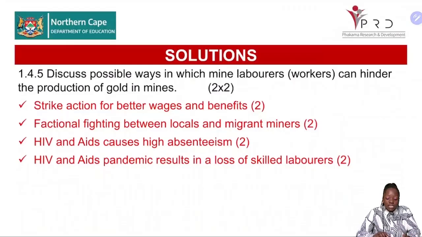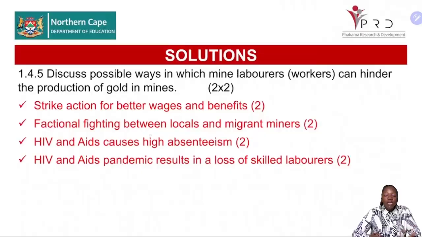Then we're looking at the factional fighting between the locals as well as the migrant miners. Remember we said especially in this region, it has attracted people from outside as well as the local people. So there will be that factional fighting.